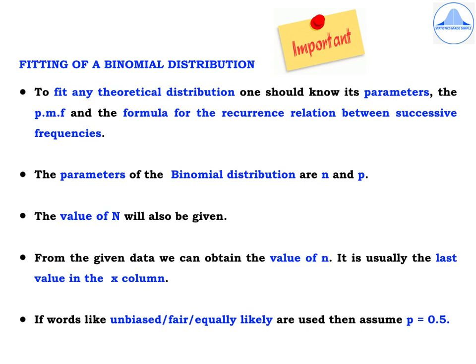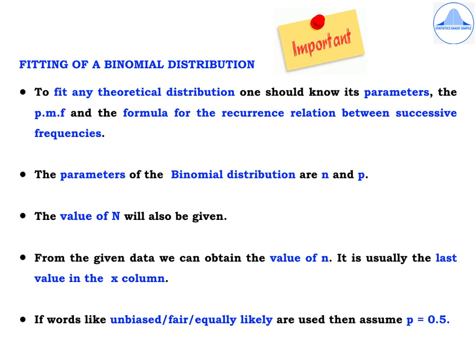Let's recollect the recurrence relation between successive frequencies. It is P of x equal to (n minus x plus 1) by x, into p by q, into P of x minus 1. So this explains the first point which you see on the slide.